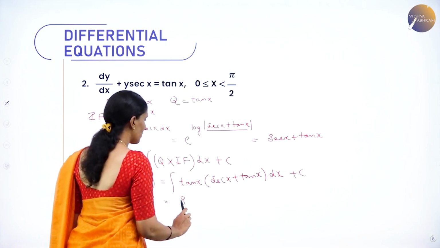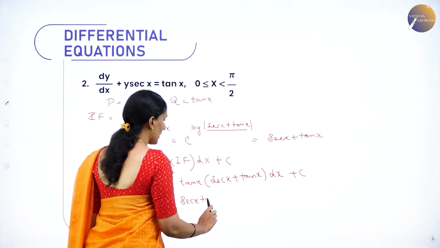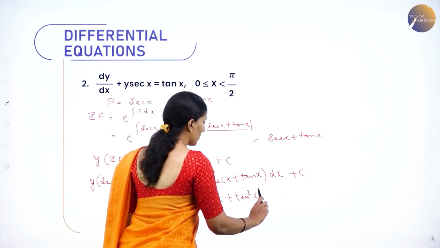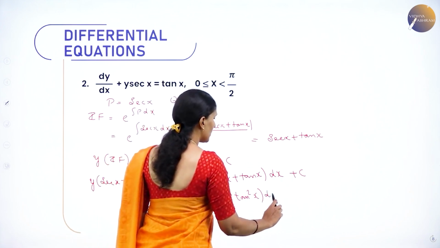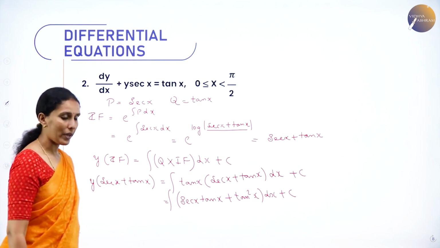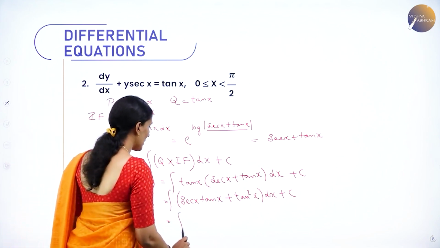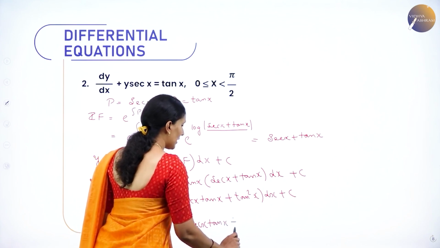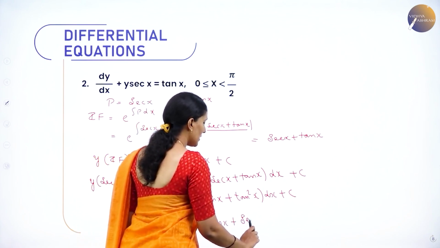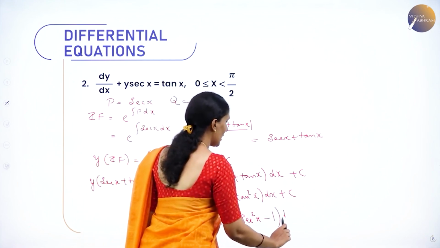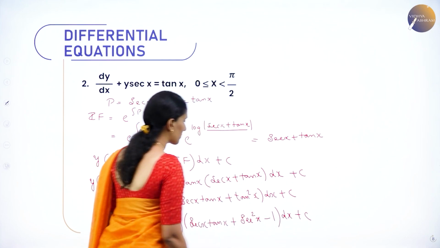Multiply this, you will get secant x tan x plus tan square x. Outside we have dx plus c. We don't have standard integral for tan square x. So therefore I will take tan square x as secant square x minus 1. Outside we have dx plus c.